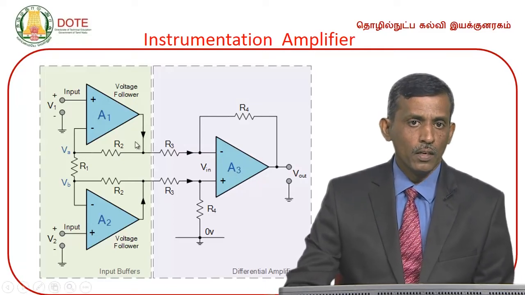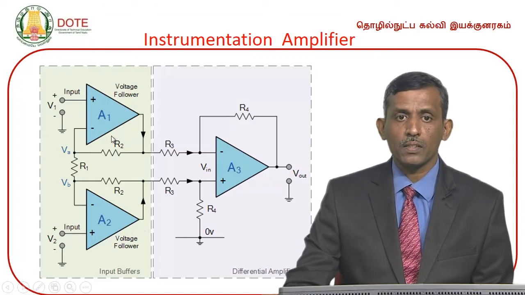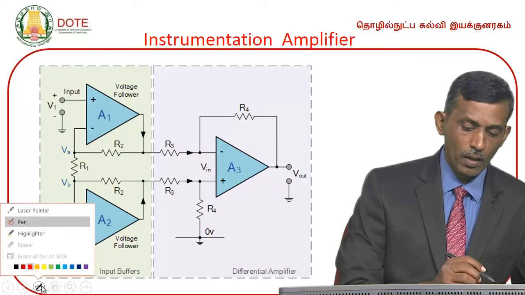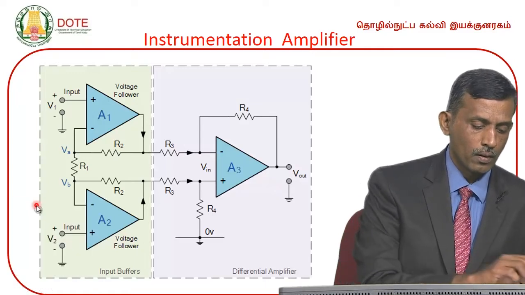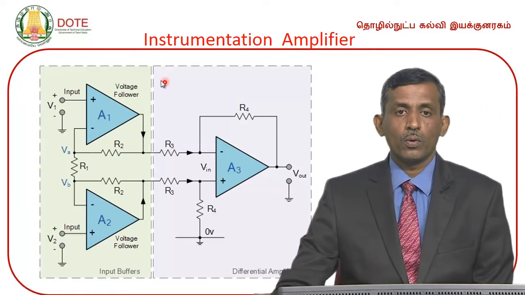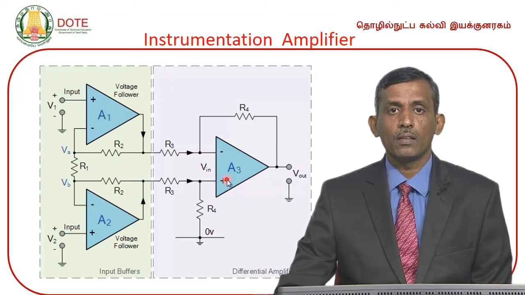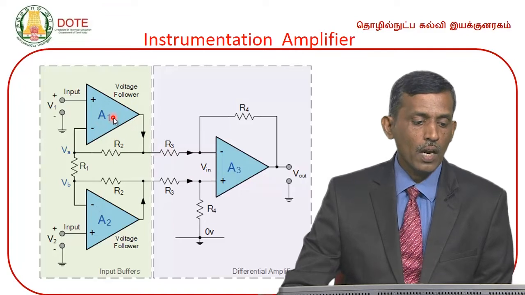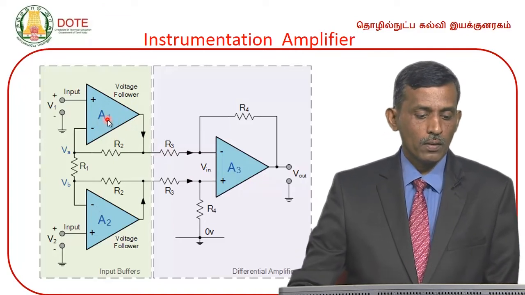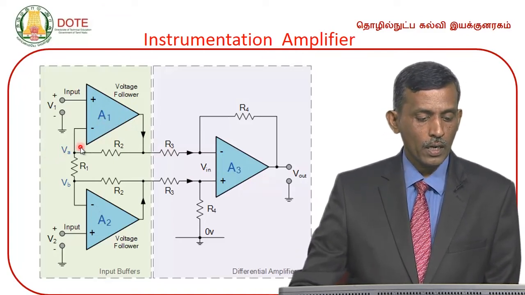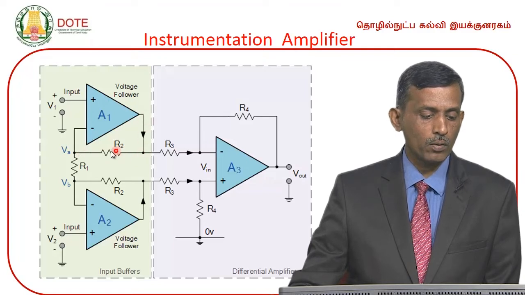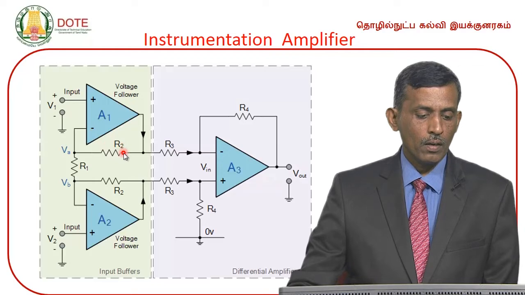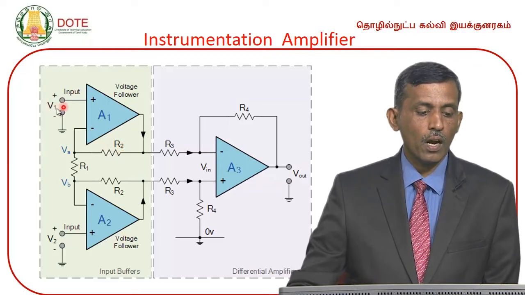Now, let us identify. Here there are 3 op-amp devices A1, A2, A3 in this circuit. Now, let us check A1. A1 என்ன மோடில் இருக்குது, closed loop, negative feedback, output is connected to the negative input, and the input is given to the non-inverting input terminal.